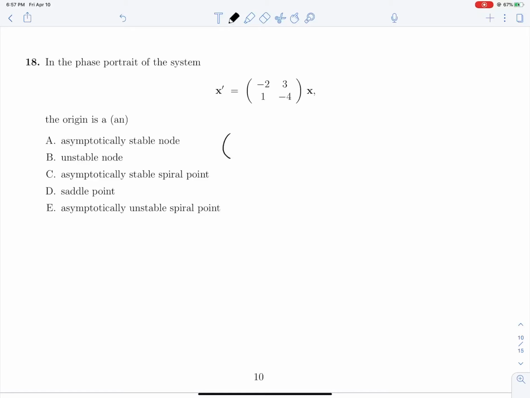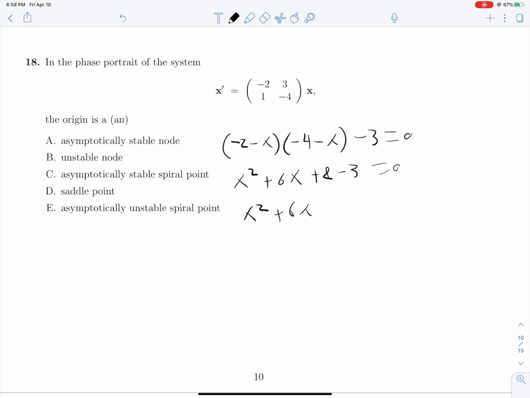So we will be solving negative 2 minus lambda times negative 4 minus lambda minus 3 is equal to 0. This will give us lambda squared plus 6 lambda plus 8 minus 3 is equal to 0, or lambda squared plus 6 lambda, the cat is jumping off the bed, plus 5 is equal to 0.